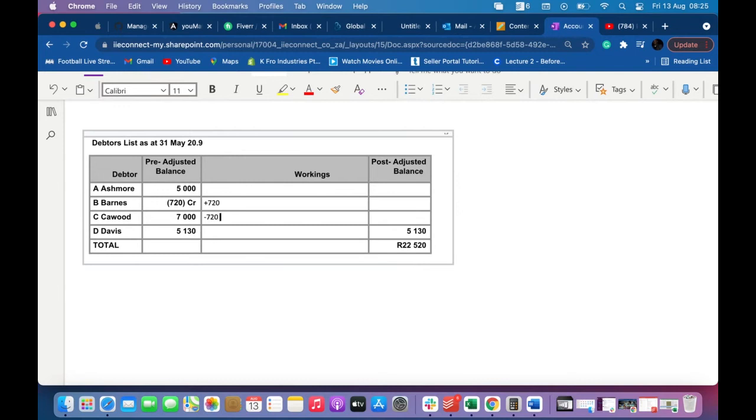Then we go on. It says no entry has been made for a check for 2,200, which was returned by the bank due to insufficient funds. The check was originally received from A Ashmore in settlement of an account of 2,400. Okay, cool.